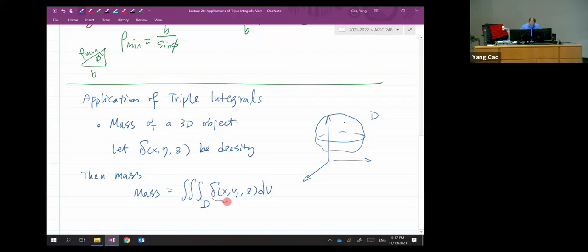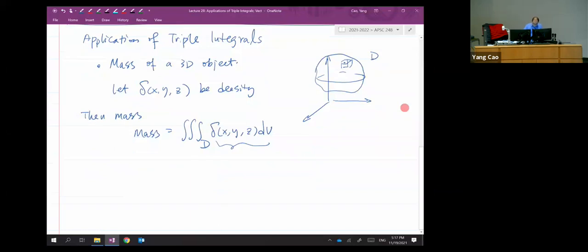What this delta(x, y, z) times dV does is essentially this: if you pick a very small box around a certain location, the density multiplied by the delta V gives you a small mass. When you add up all the small box masses, you get the total mass. That's what you get over here. So this is called the mass of a 3D object, the first application.